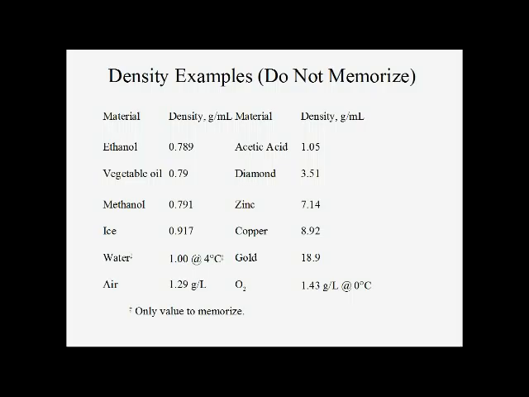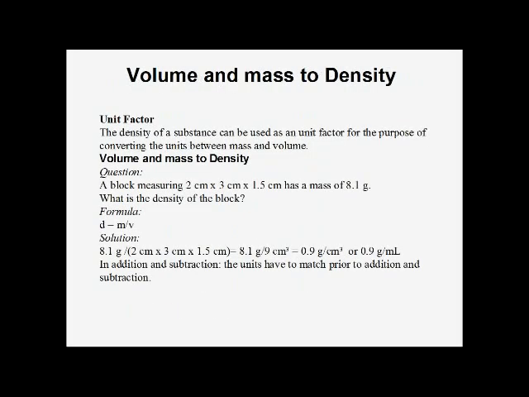So vinegar is going to be somewhere between 1 and 1.05, which is obviously heavier than 0.79, which is why vinegar sinks to the bottom and vegetable oil floats to the top. Gold is 18.9, relatively heavy, and we have some that go significantly higher than gold also.